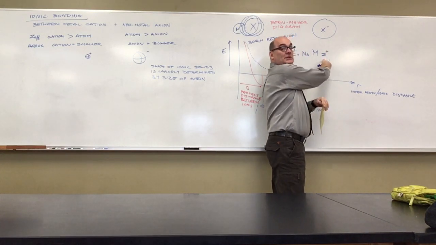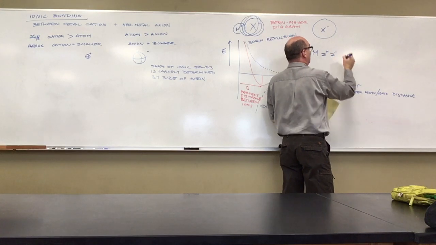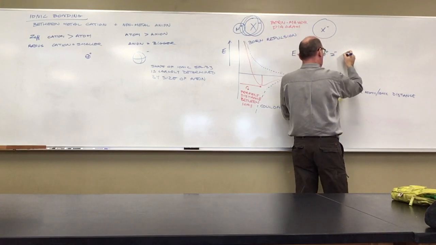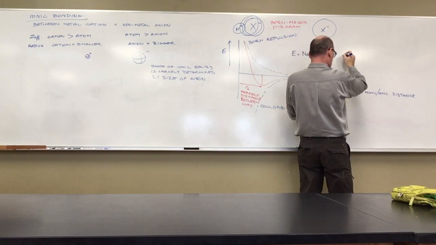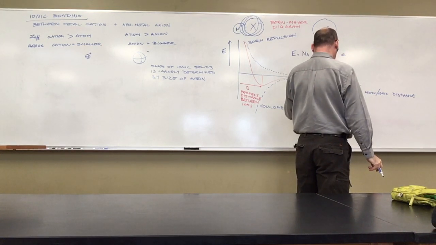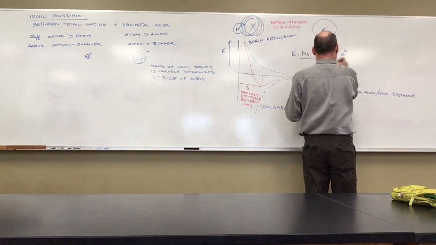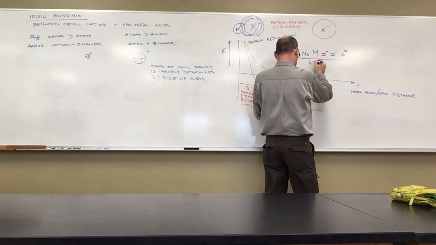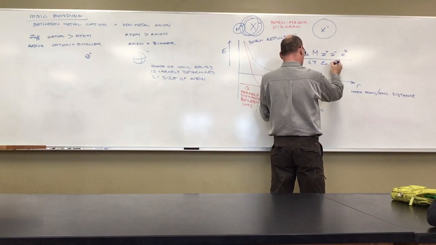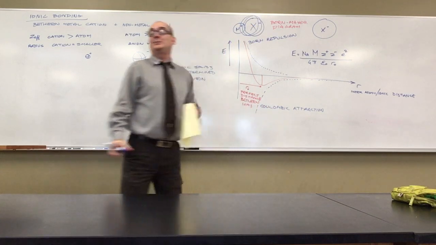Z is charge. Charge of the cation times charge of the anion times the charge of an electron squared, all over 4 pi epsilon R0. Epsilon is the permittivity of free space.